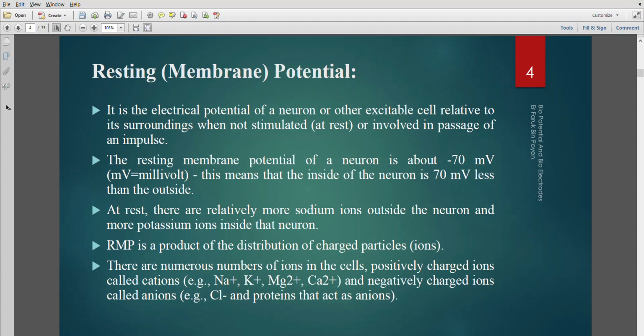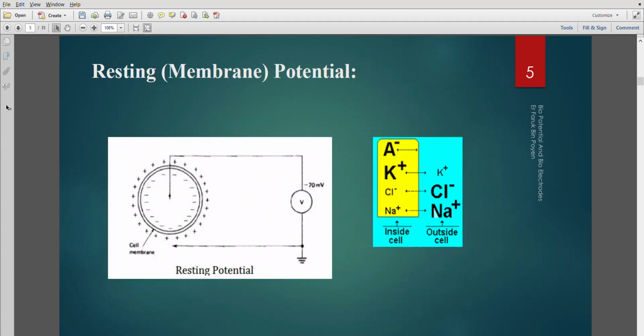The resting membrane potential is the cell at rest. When there is a resting membrane potential, there is more sodium and chloride outside and more potassium and proteins inside the cell, making the cell more negative. If you put a voltmeter on this cell, you will get minus 70 millivolts inside the cell compared to outside.